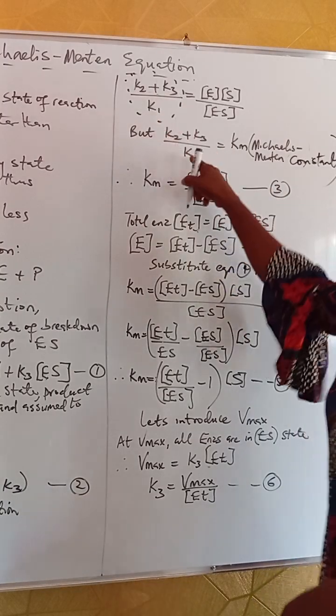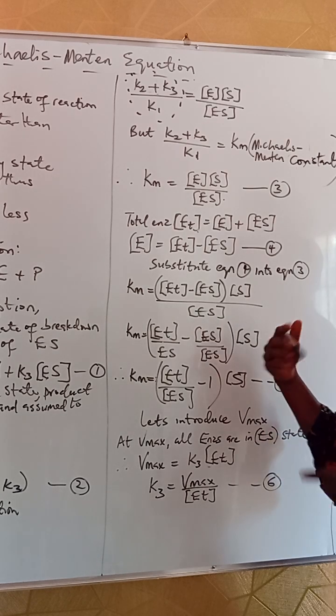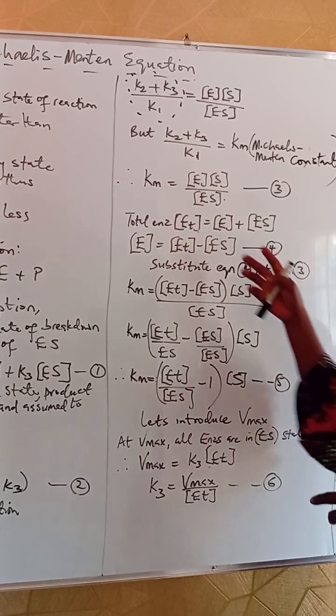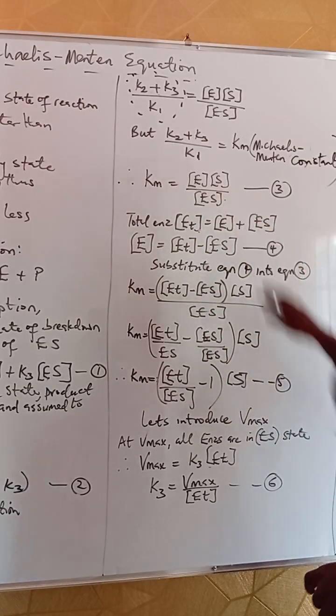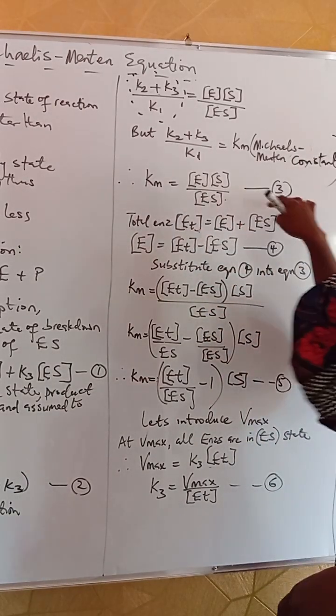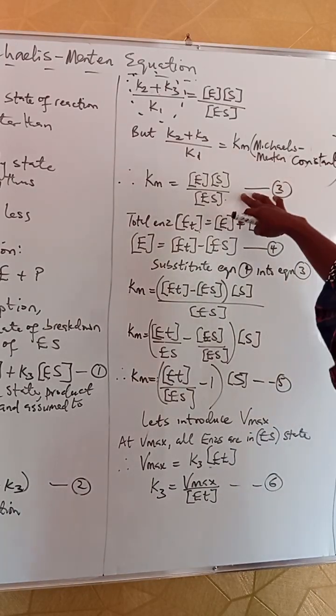K2 plus K3 over K1 is what we call Km, the significance of which I'll be explaining later. Km is simply the concentration of the substrate at half maximum velocity. We'll see that in the graph. Now, Km is this. This is not the Michaelis-Menten equation. We'll just arrive at the Michaelis-Menten constant.